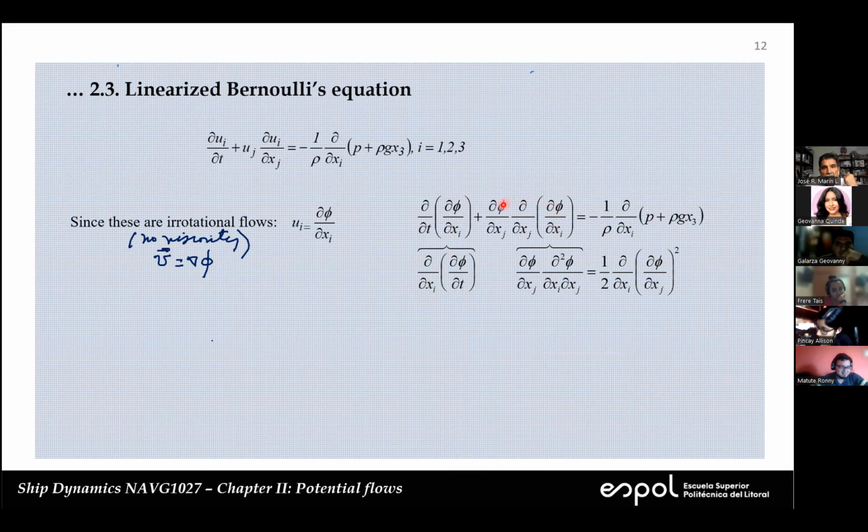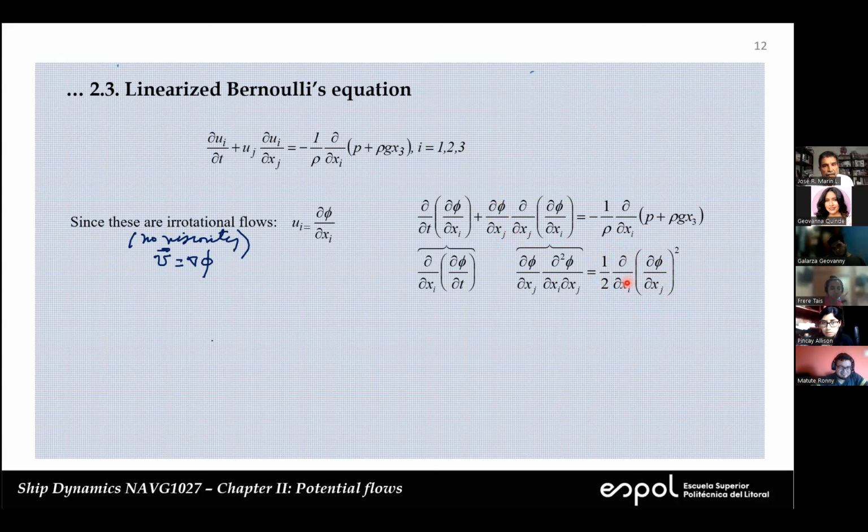Now, similarly for this case, okay? So this is the second derivative of phi mixed and multiplied by the derivative of phi with respect to xj. And you can prove that this is correct.